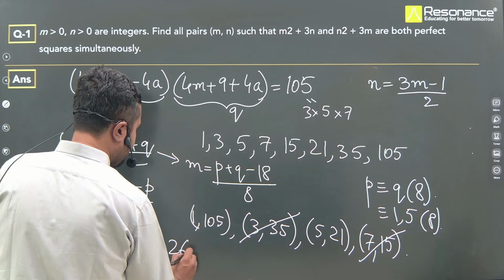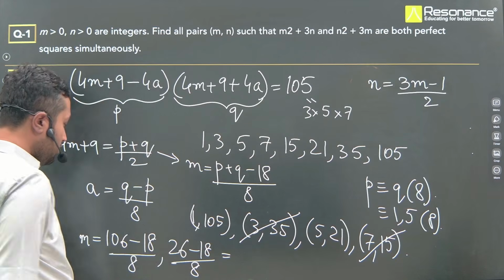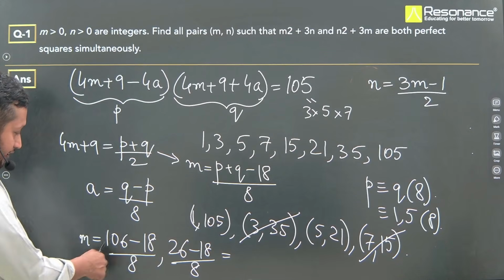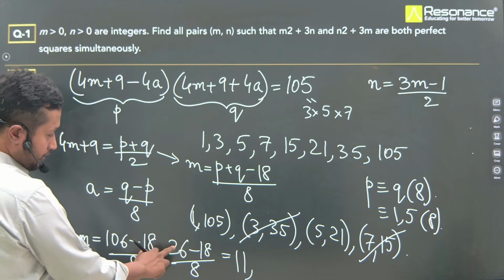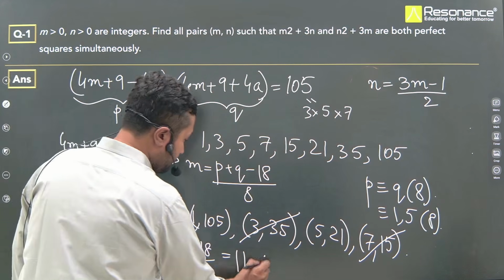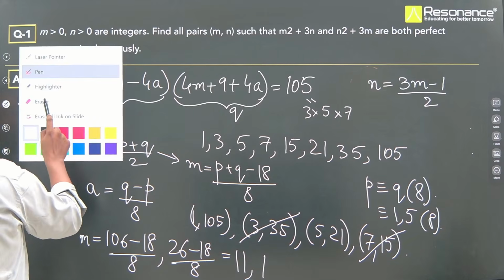So 26 minus 18 divided by 8. So what are those two values? Well, that's 88 divided by 8, so 11, or 26 minus 18, that's 8 divided by 8, so 1. That's all. So these are the only two possibilities.